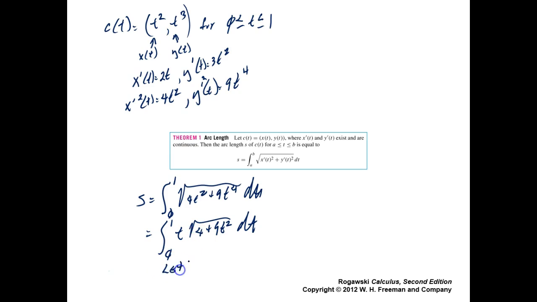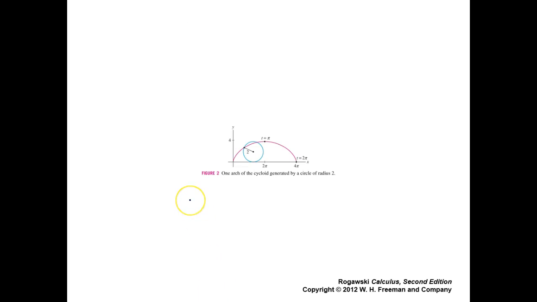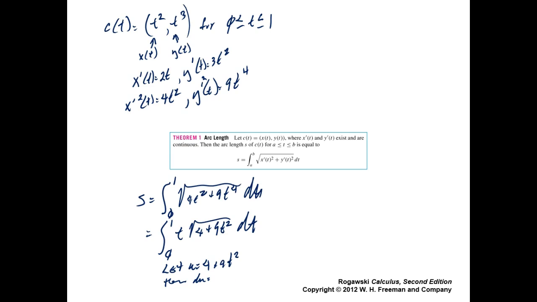Let u equal 4 plus 9t squared. Then du is equal to what? 18, is that what you said? Yes. 18t? Okay. 18t dt.